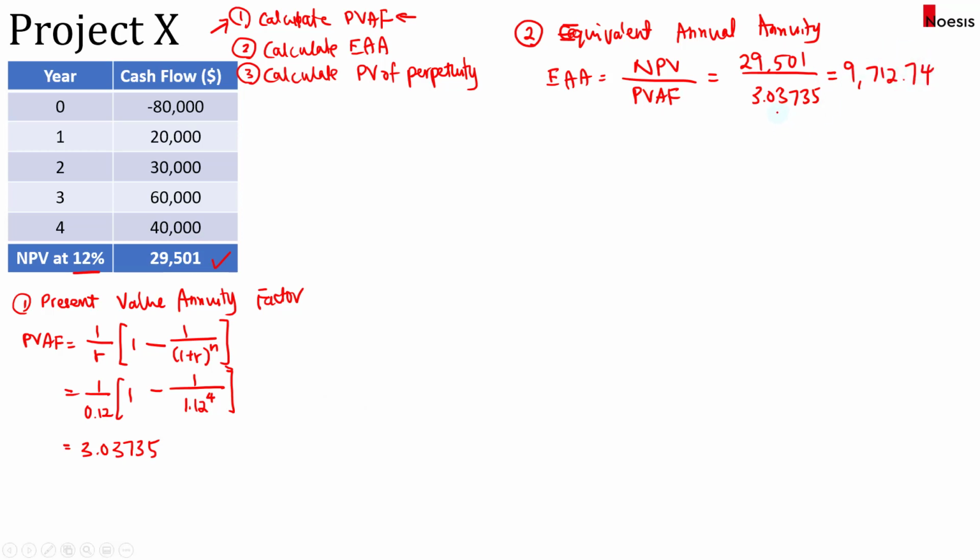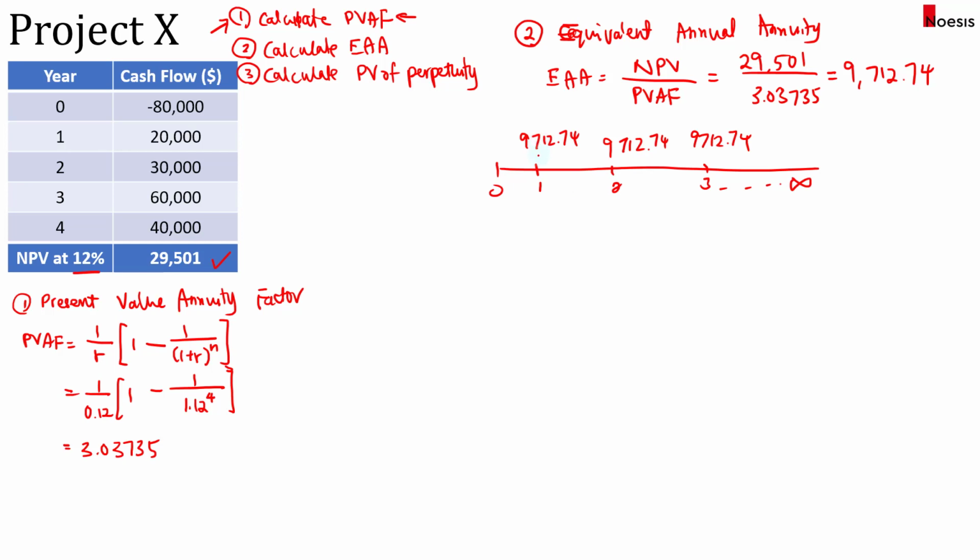Now, this would mean that if Project X can be repeated forever or indefinitely, then this project would generate an annuity of $9,712.74 every year. So to illustrate that, it means that every time we repeat this project, we're going to get this number in year 1, and also in year 2, year 3, and until infinity. So we're going to get this number forever.